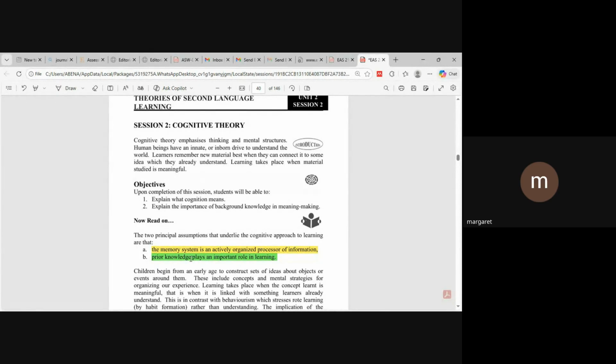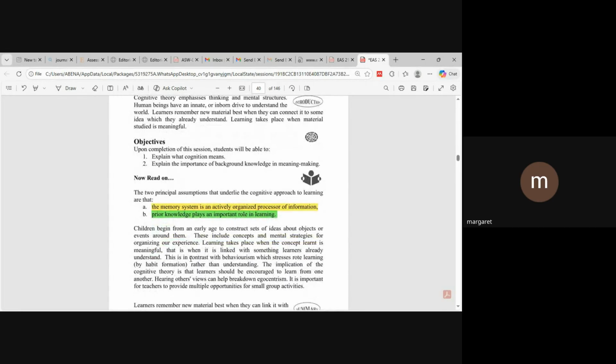So that is the basic concept regarding cognitive theory. Because they believe that the learner has mental structures that help them to learn a language, they don't believe in rote memorization, or in memorization and repetition of the action.